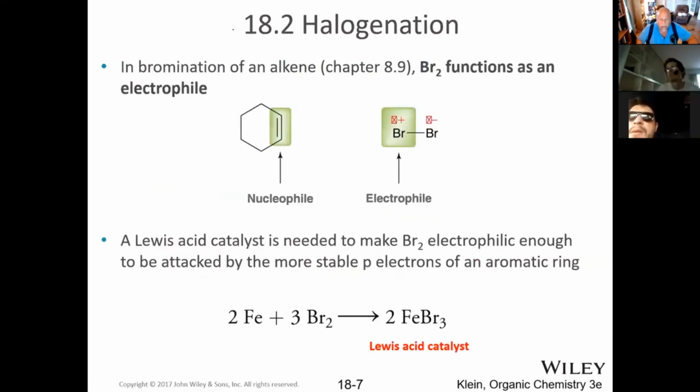Now, in the bromination of an alkene, and this is from Organic Chemistry 1, the bromine acts as an electrophile because you've got a slightly positive region here and a slightly negative region there. And a Lewis acid catalyst is needed to make the bromine electrophilic enough to go to an aromatic ring.